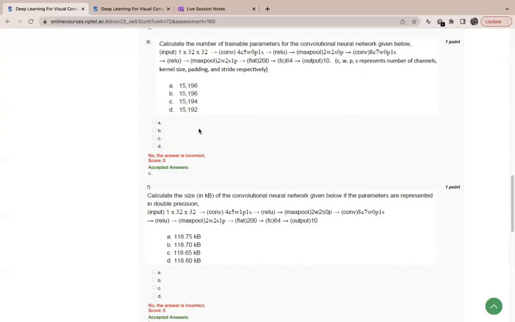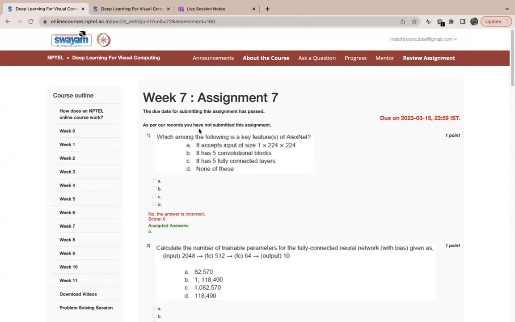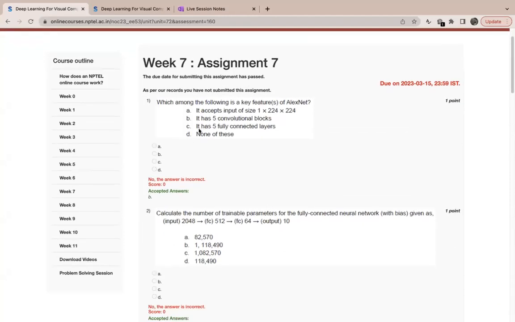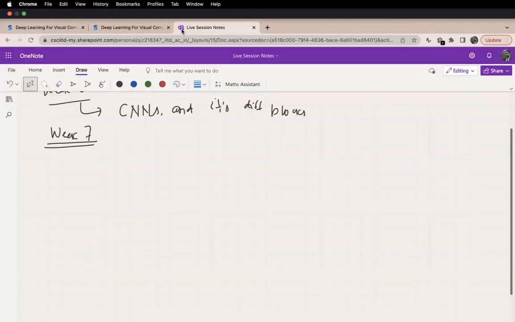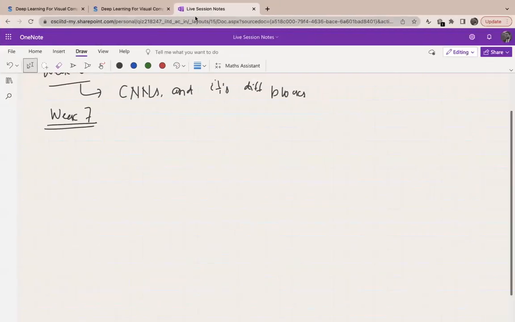In week 7, question number 1 is, which among the following is a key feature of AlexNet?